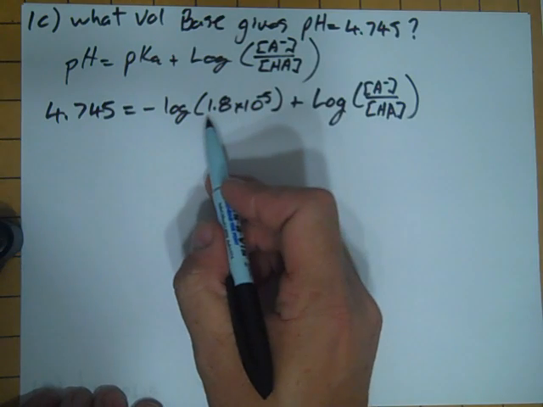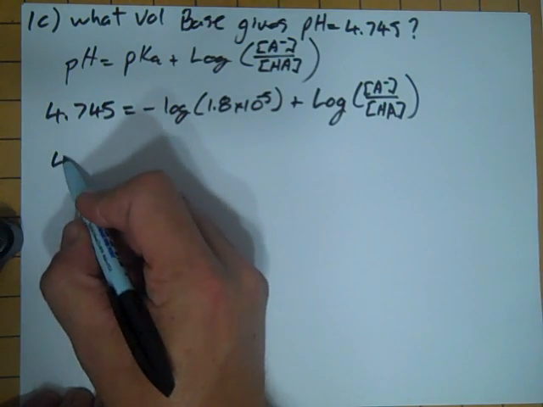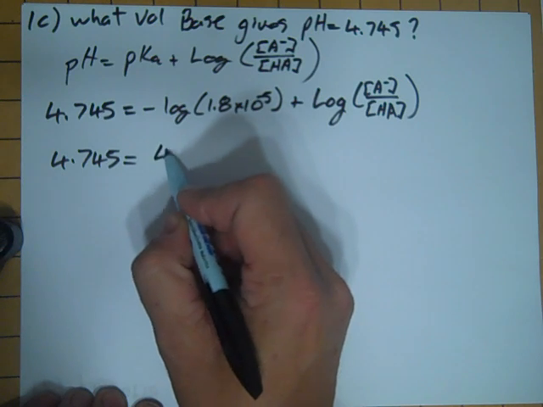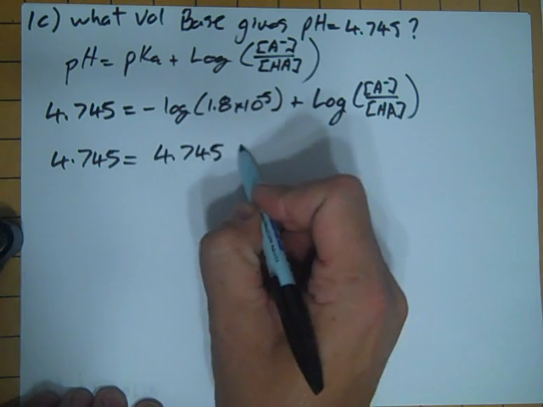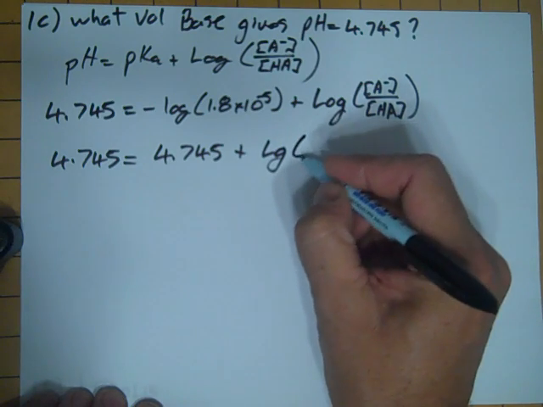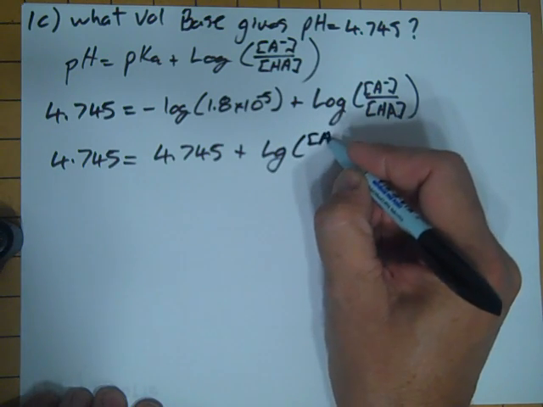So, what does this equal? 4.745 equals 4.745 plus the log of my concentrations.